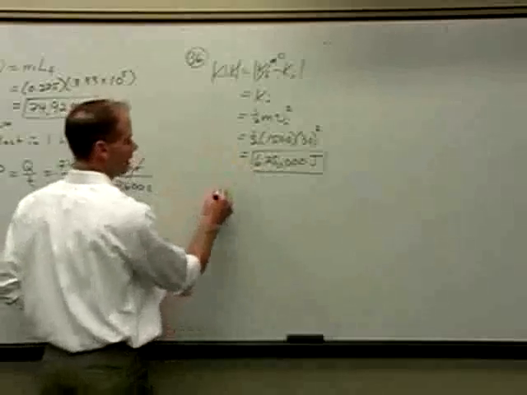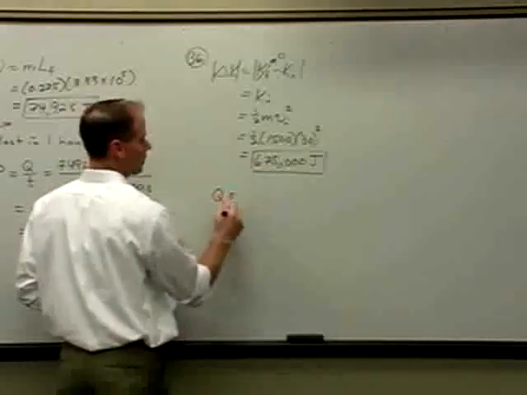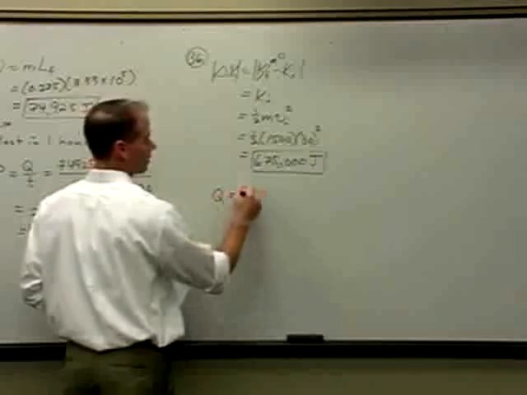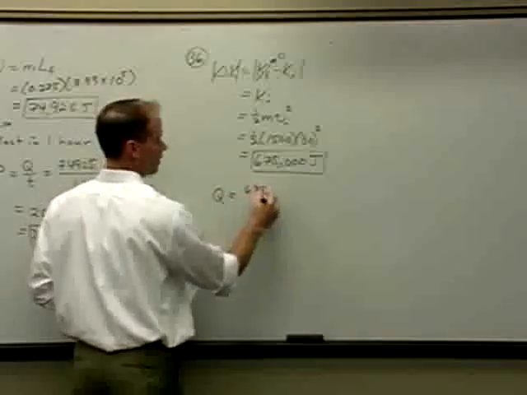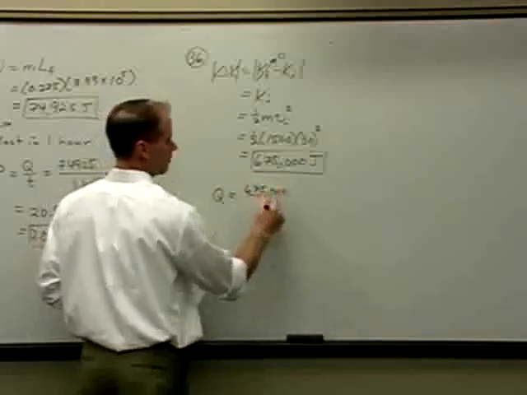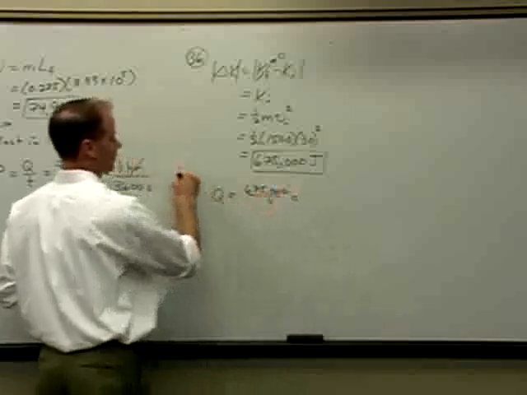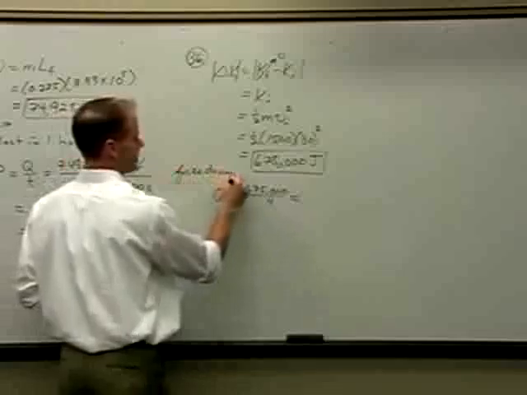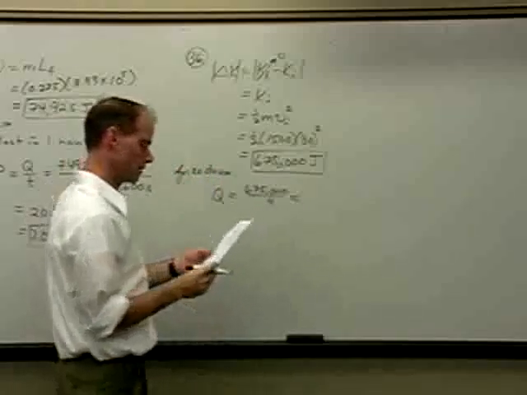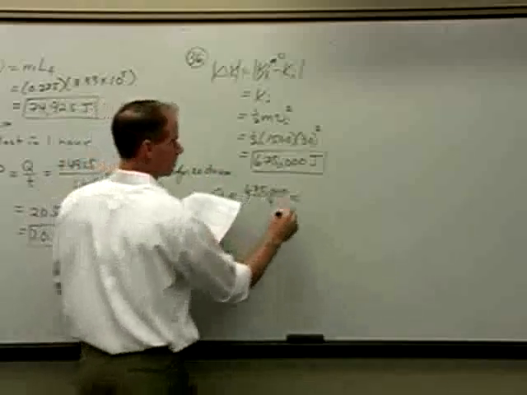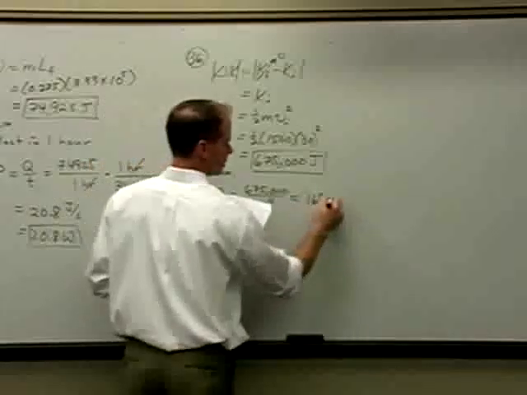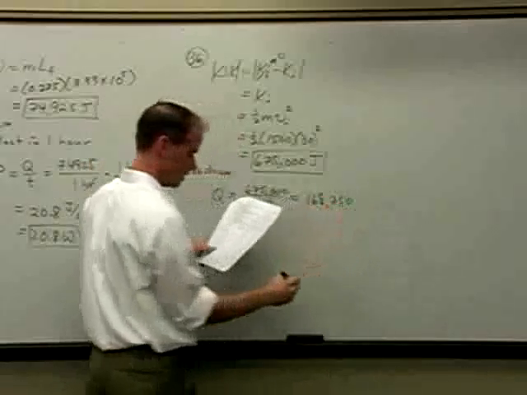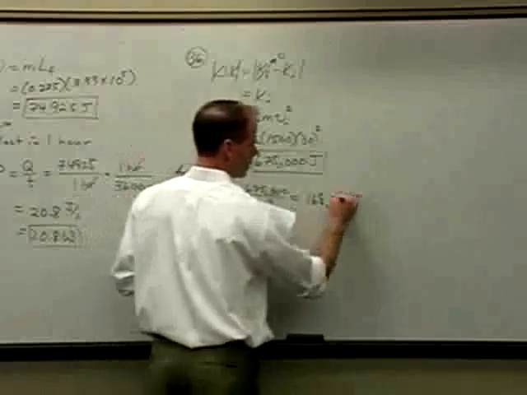So we'll say that the heat that we're talking about for each drum is going to be this total energy divided by 4. This is for each drum. And so that will be 168,750 joules.